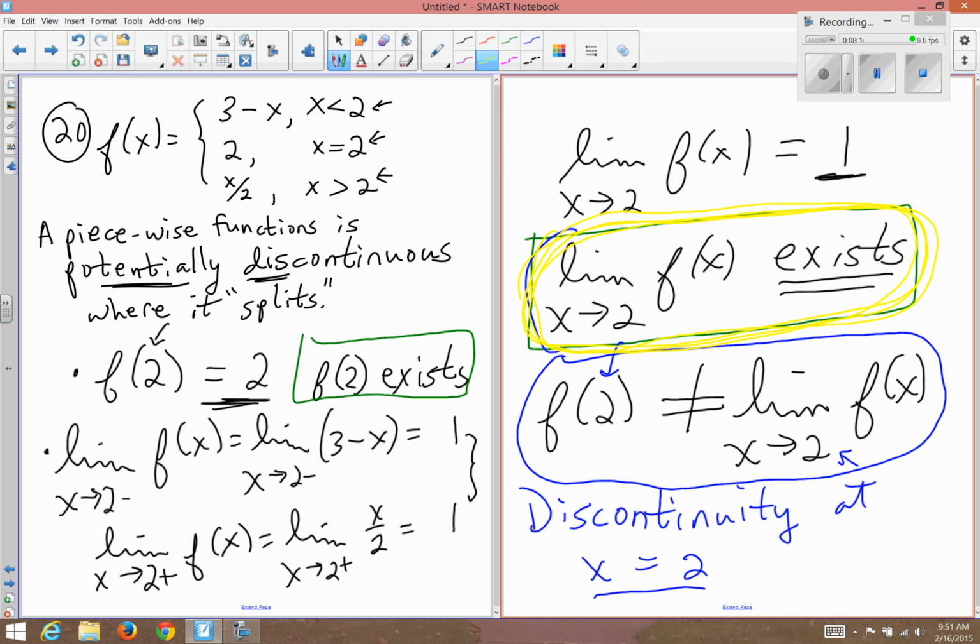Then even though there's discontinuity, we call it a removable discontinuity. The reason we call it removable is up here in the yellow.